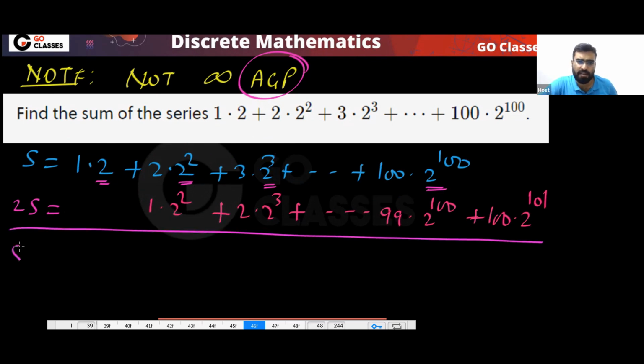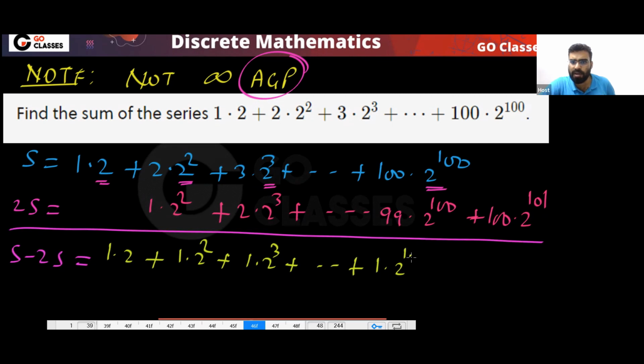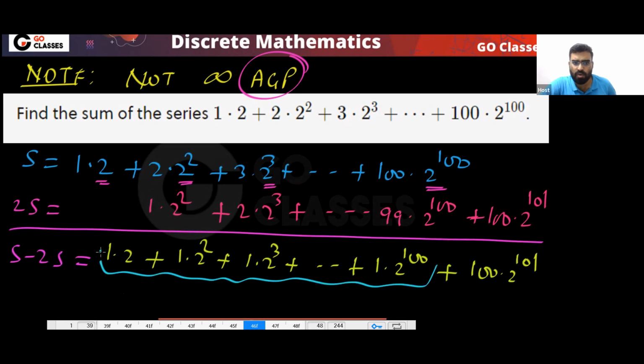Now you subtract. So S minus 2S, what will that be? That will be 1 into 2 plus 1 into 2 squared plus 1 into 2 cubed, and so on, up to 1 into 2 power 100, minus 100 into 2 power 101. Just notice this much, only this much.